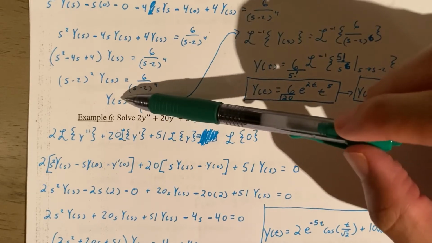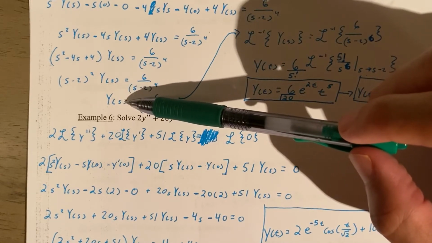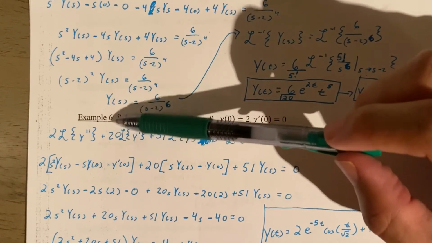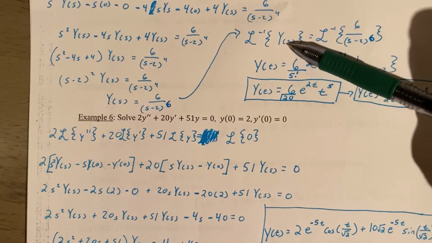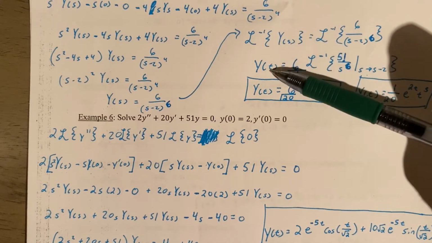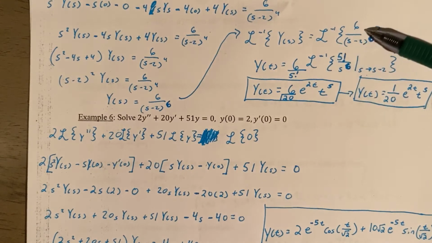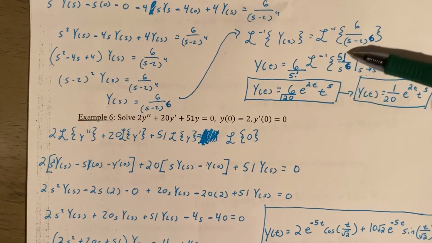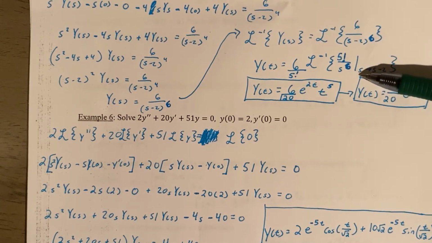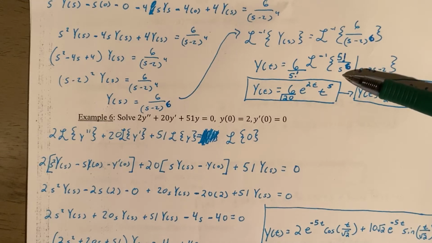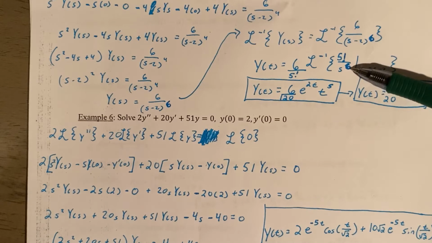Now, we want to get back to our original y, so we have to do the inverse Laplace transform. The inverse of the left side, cap Y of s, is just going to give us y of t, so that's not bad. But when we do the inverse Laplace transform to the right, we pull the 6 out, and we look at s minus 2 to the 6. We change s minus 2 to just be s. And because we have s to the 6th power, the factorial that we needed on top was 5 factorial.